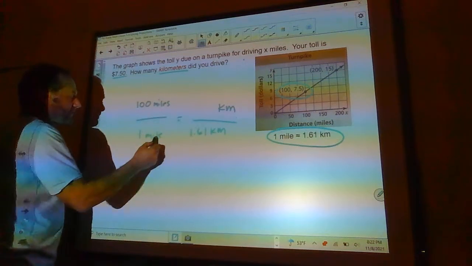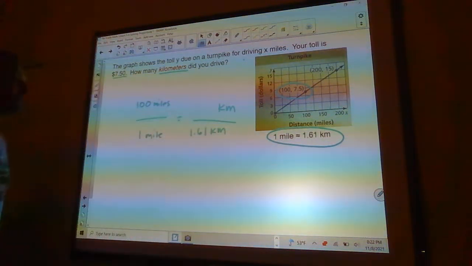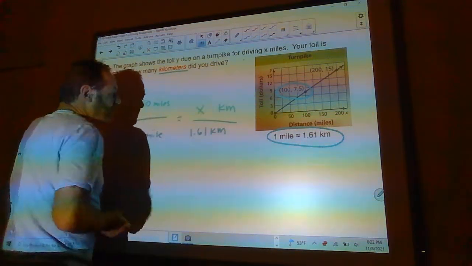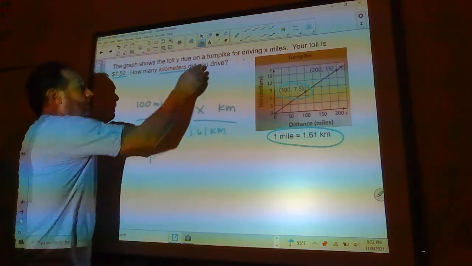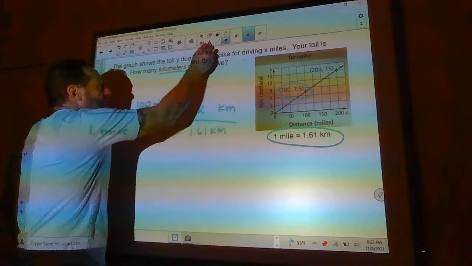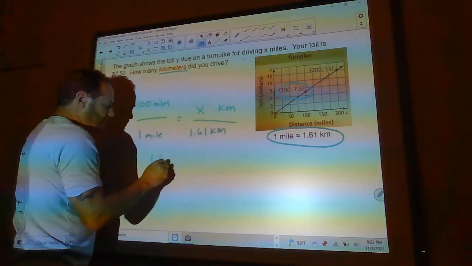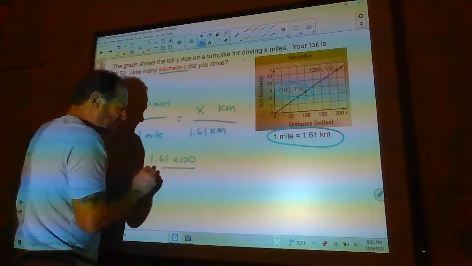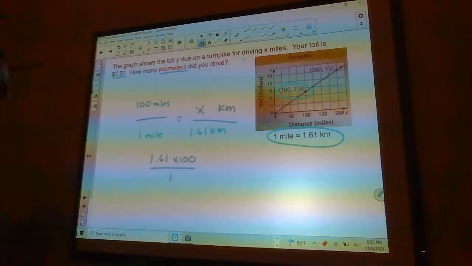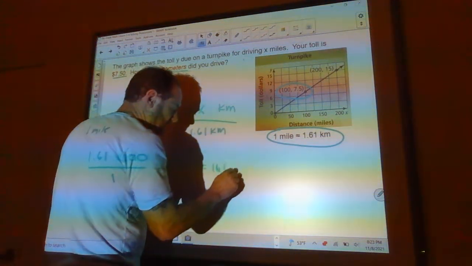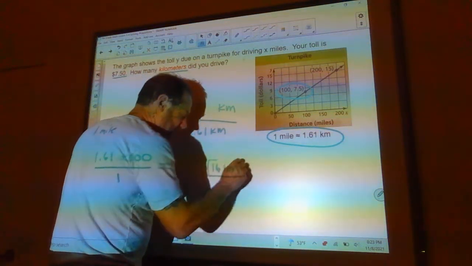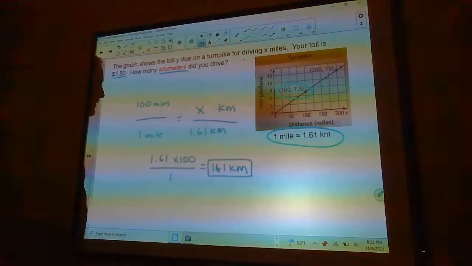I've got miles to miles, and kilometers to kilometers. So I can put an x right here, and I can solve this by going 1.61 times 100 divided by 1, which I really don't need to divide by 1. This comes out to be 161 kilometers. Always make sure you get the units on there, okay?